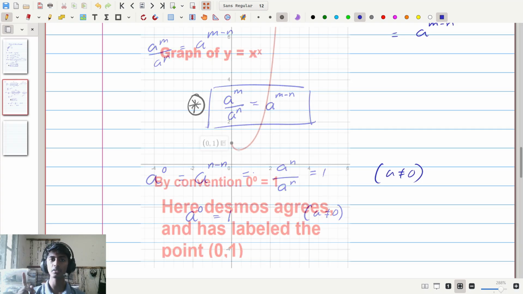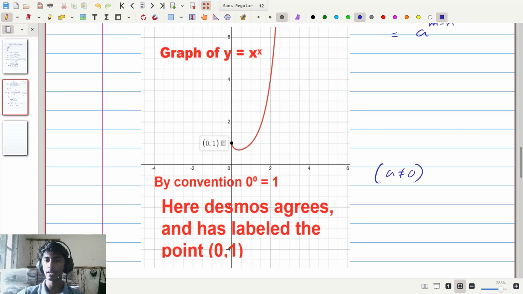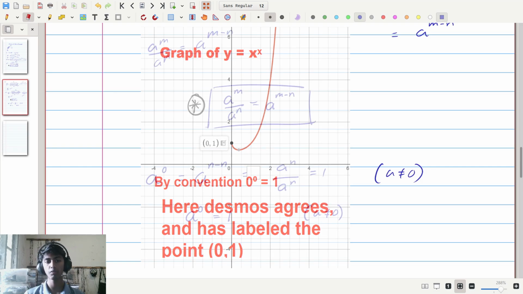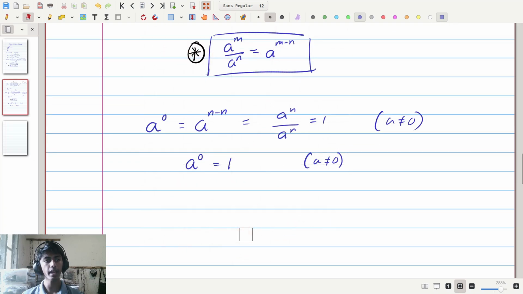I'll show you a graph of what x to the x looks like for different x's, and you can see that as x approaches 0, it seems like the graph is going towards 1, but it doesn't actually exist at 1. For now, we have to consider that 0 to the 0 is undefined.